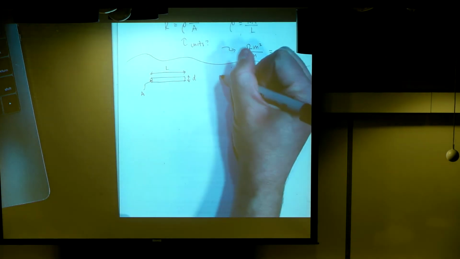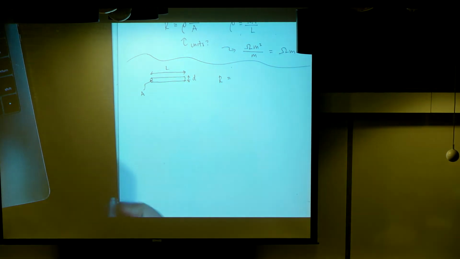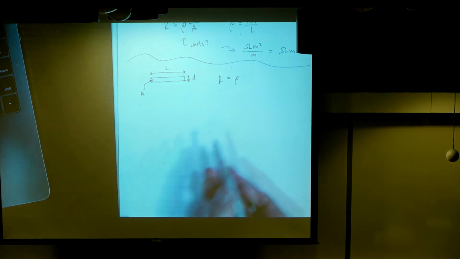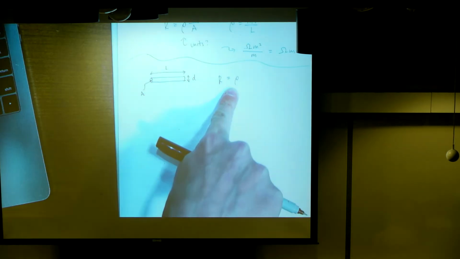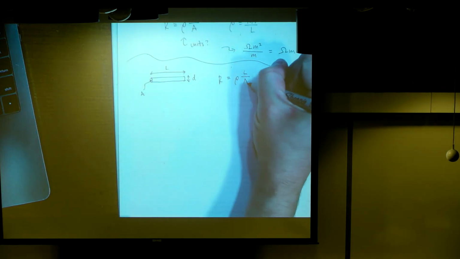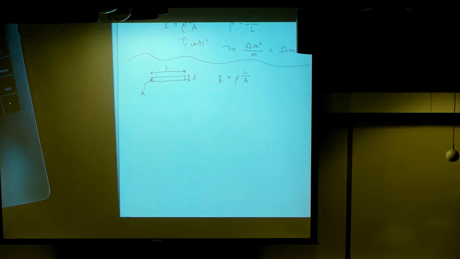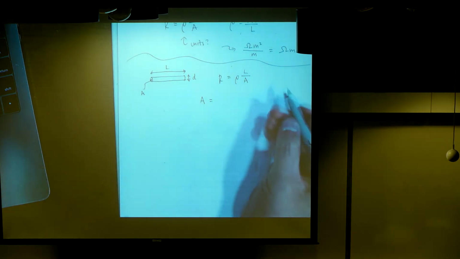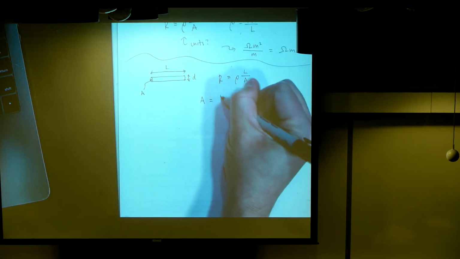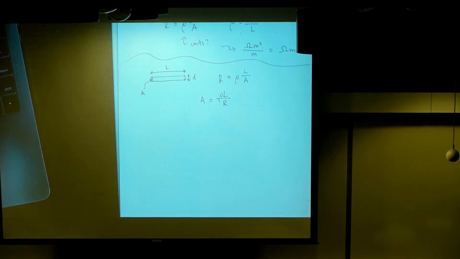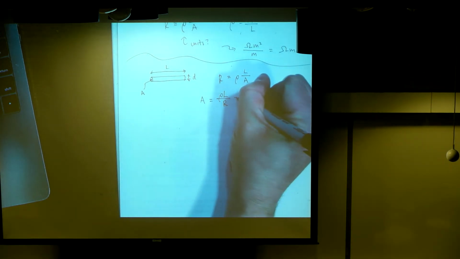So our electrical resistance for this wire is the resistivity of the material, rho, which simply depends on the material that's used, times the length of wire divided by the area A. So in this case, we're going to find the area. A is going to be equal to rho times L divided by R, correct? So let's just plug in what we know.